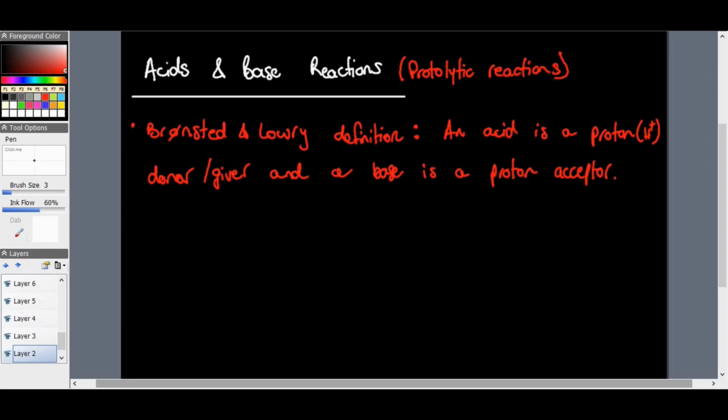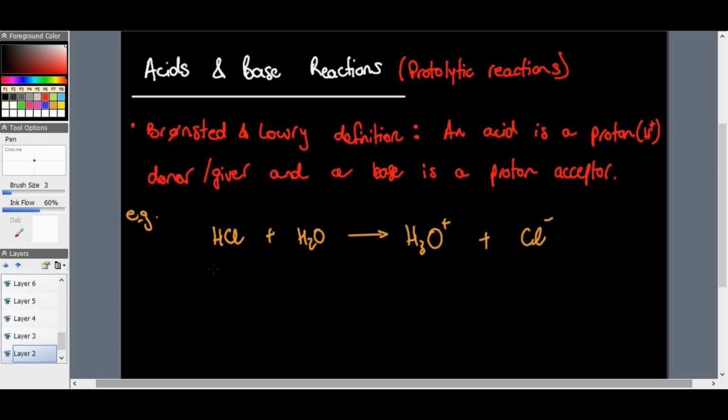Okay, so let's take a simple example. Let's say we've got HCl plus H2O, and of course that yields a certain product, which is H3O plus, hydronium, plus Cl minus. What we have here is we can clearly identify which is the acid.